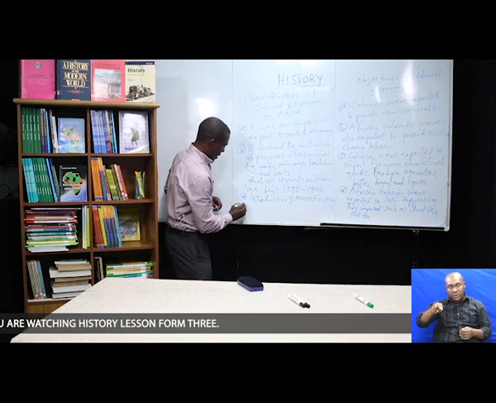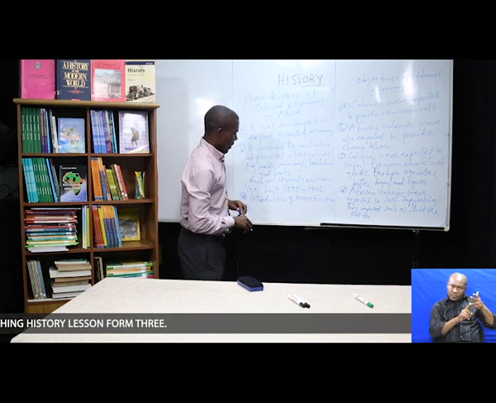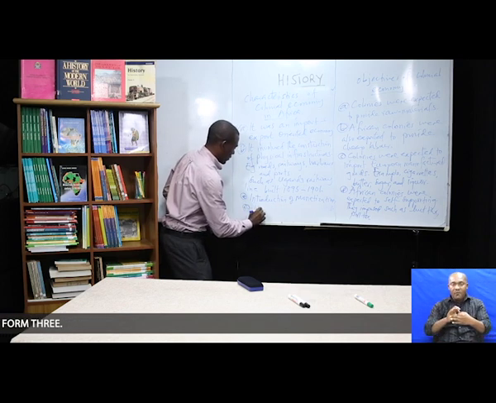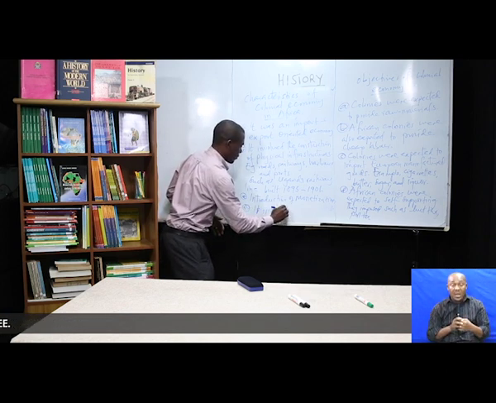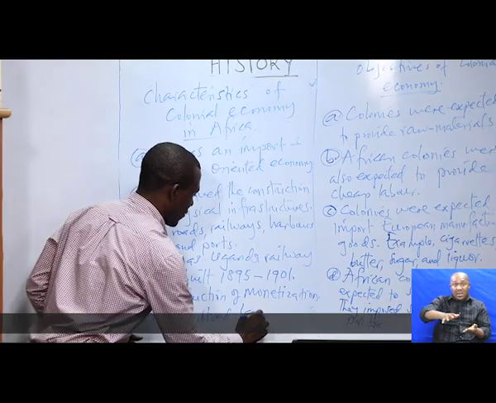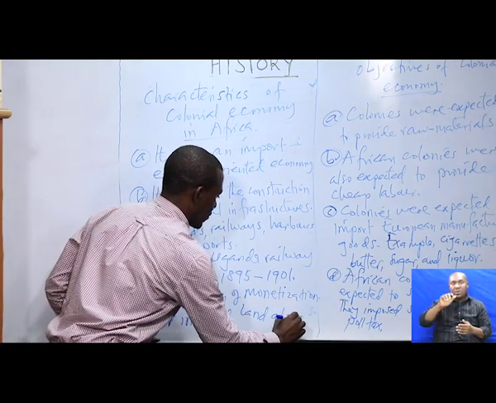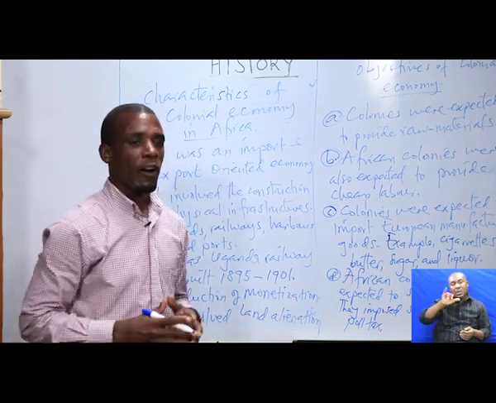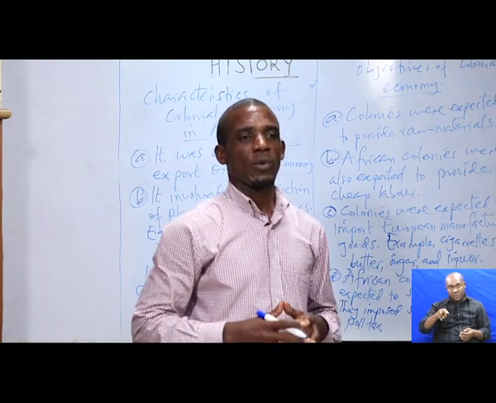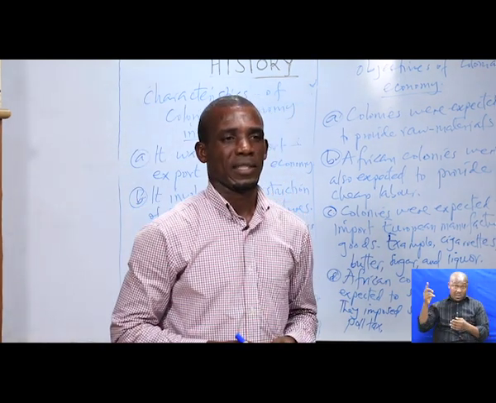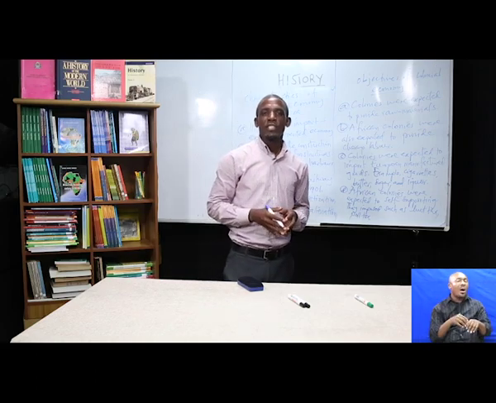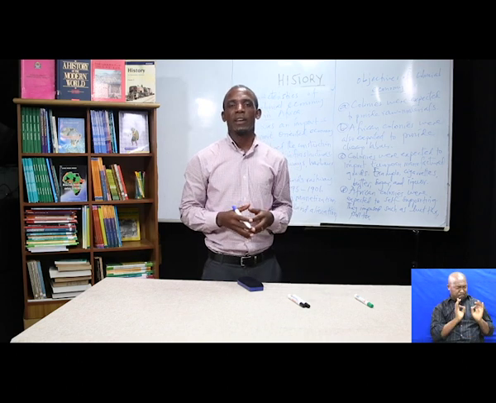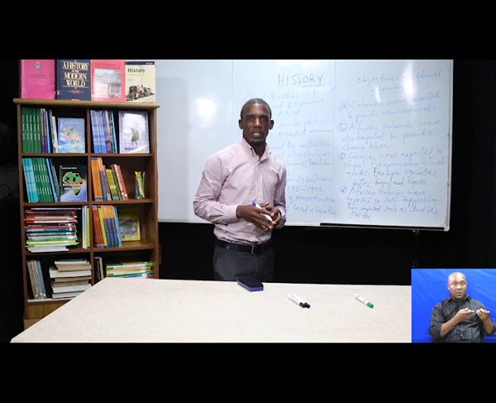Another characteristic of colonial economy, we say it involved massive land alienation. Colonial governments took the African arable land and gave it to few European capitalists who were engaged in agricultural activities.